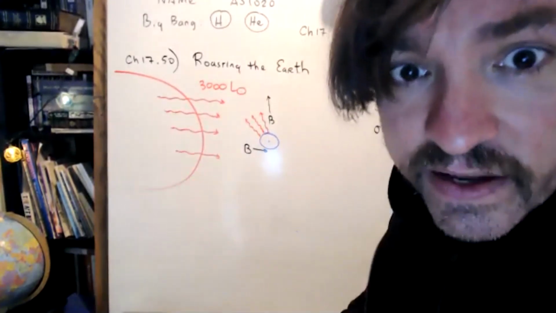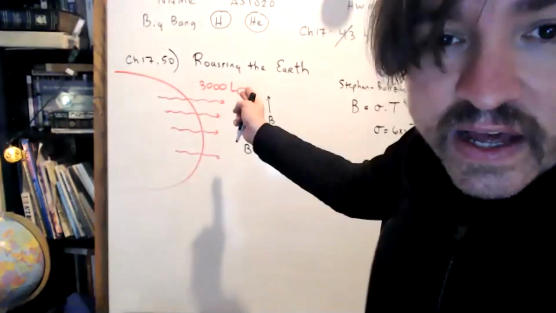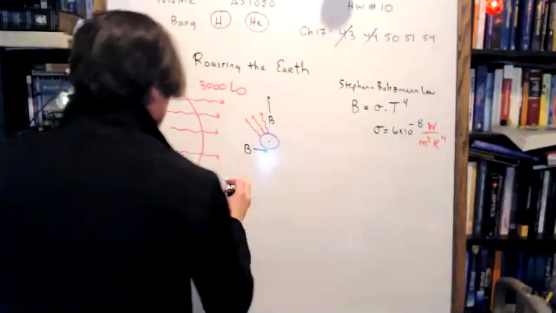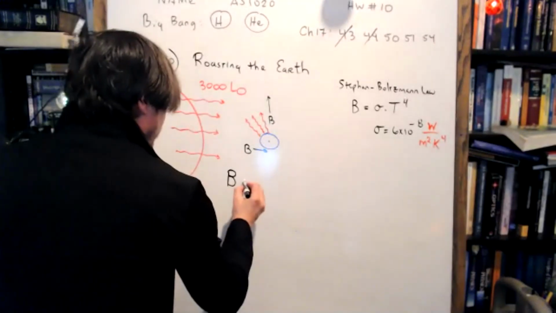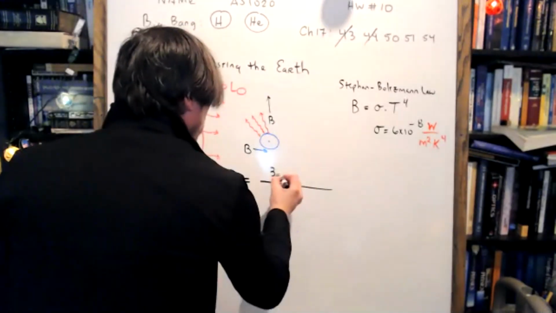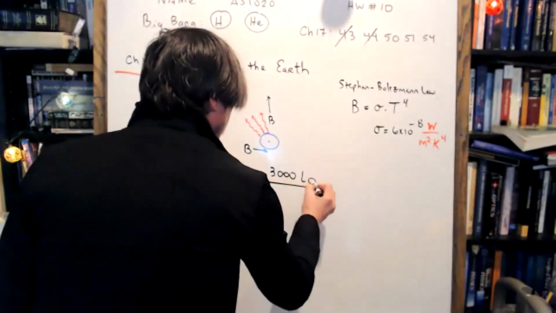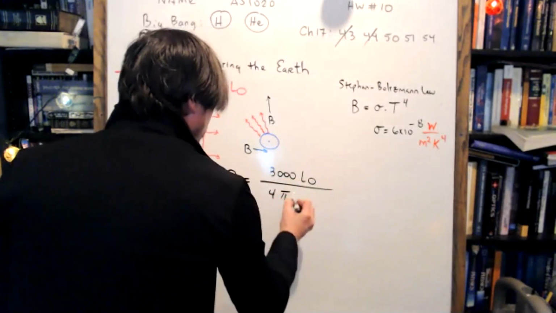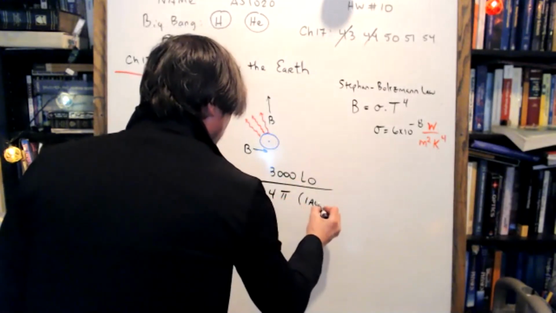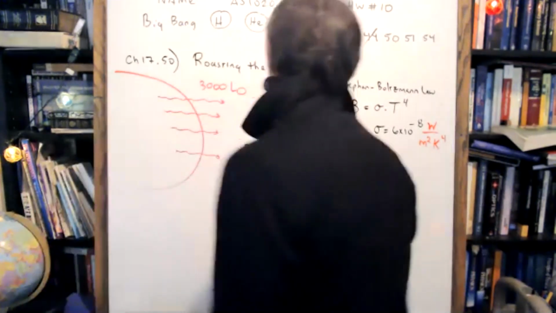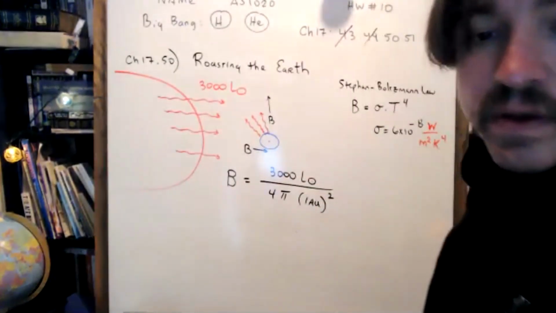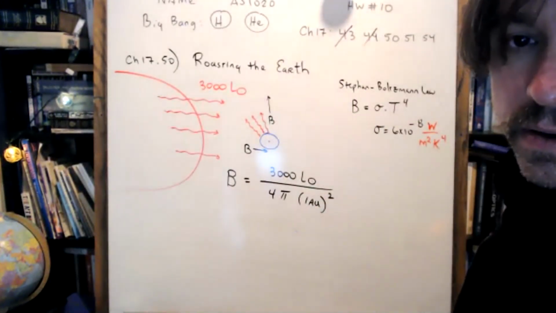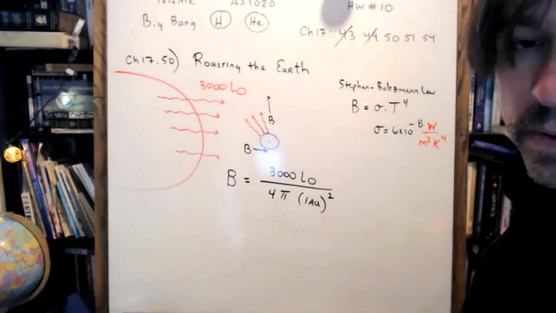So let's calculate the brightness of a 3,000 solar luminosity sun on Earth. The brightness of the sun on Earth will be 3,000 times the luminosity of the sun over 4 pi r squared. This is the inverse square law, right? But that problem is actually more complicated because would the distance between sun and Earth be still 1 AU?